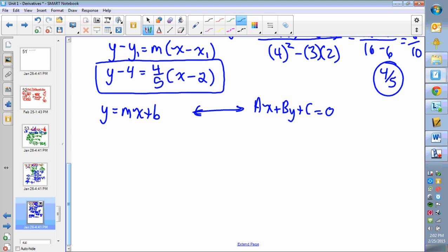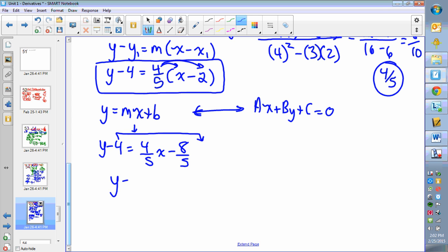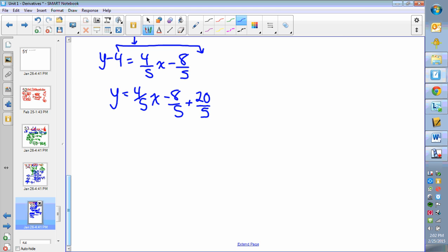So, considering that we go with this method, I would write y minus 4 equals, put the 4/5 on everything, and you get 4/5 x minus 8/5. Take this 4 over, and you get 4/5 x minus 8/5 plus 4, which is 20/5. And you have y equals 4/5 x plus 12/5.